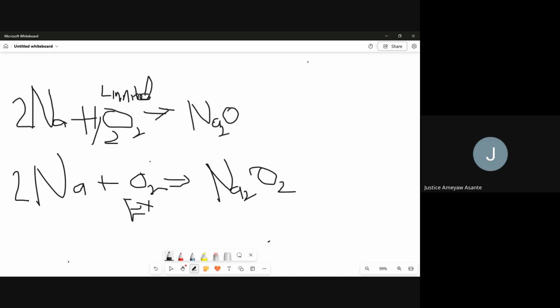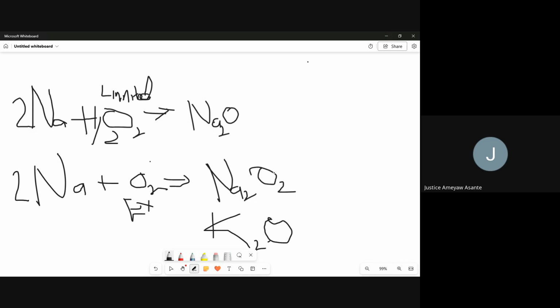Then when it is potassium, in limited amount, you produce potassium peroxide. In excess, we produce potassium superoxide, and this is the chemical formula for superoxide. When you find the oxidation states of oxygen here, it will give you minus half.